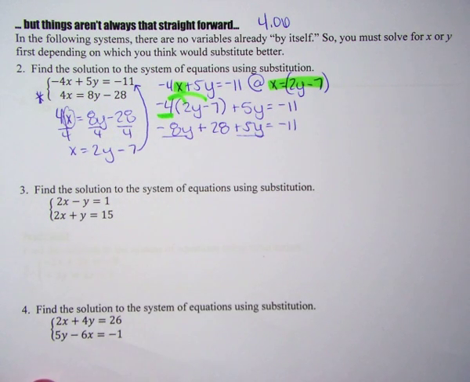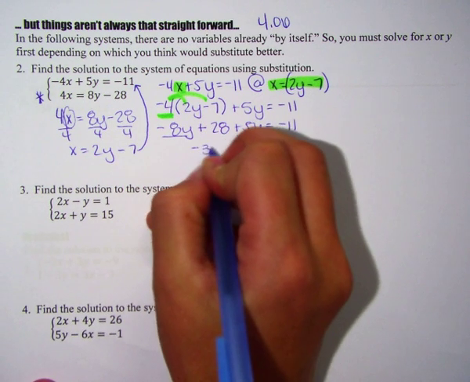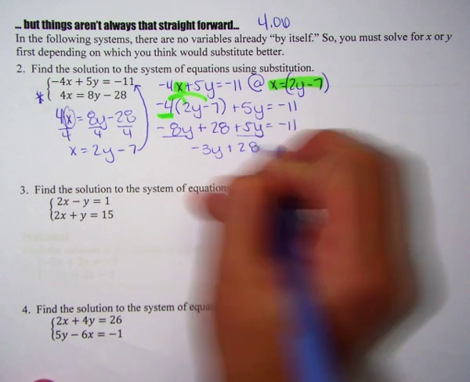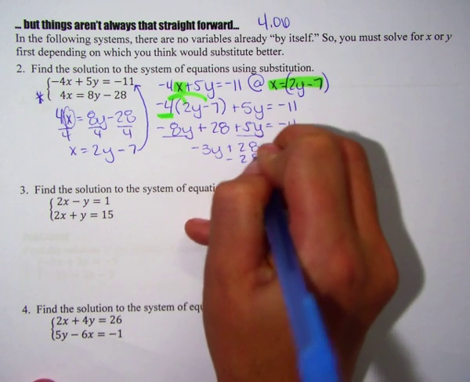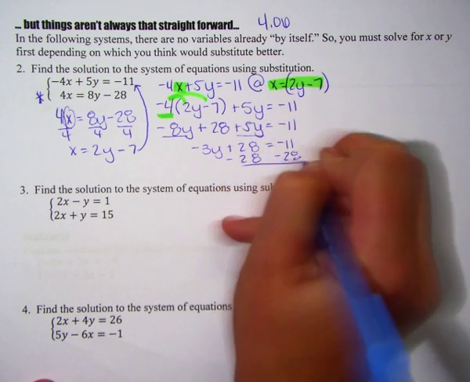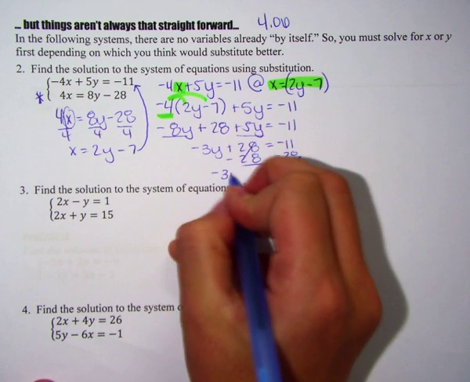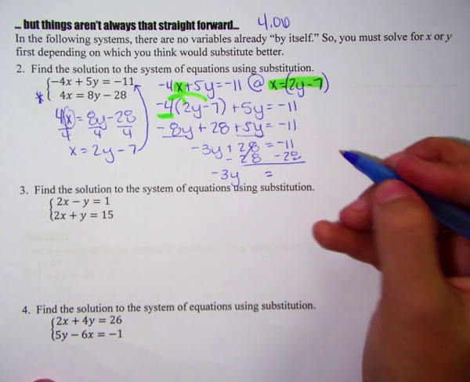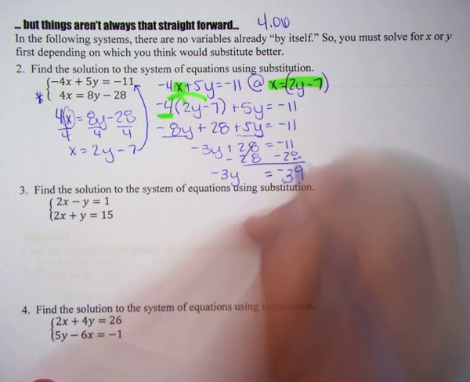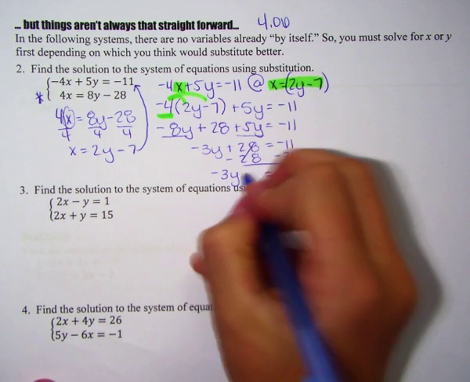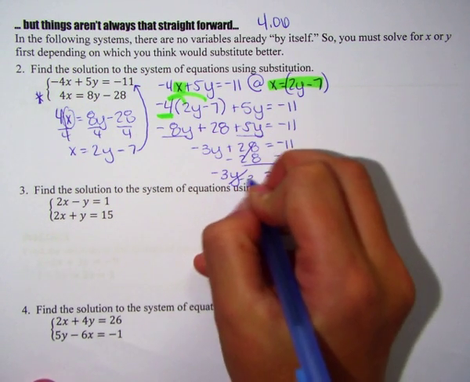Combine like terms. So I'm left with negative 3y plus 28 equals negative 11. I'm going to subtract 28 from both sides. Negative 3y equals, signs are the same, so I add the numbers, keep the sign, and then I'm going to divide by negative 3.